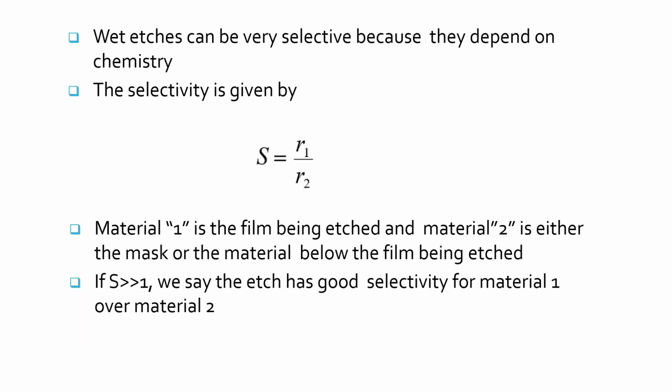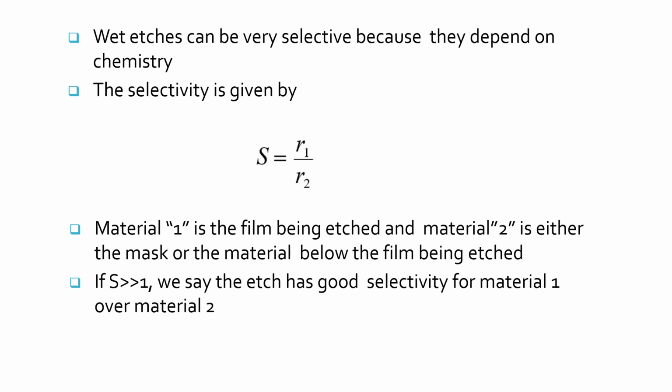Wet etchers can be very selective because it depends on the chemistry between the resist and the chemical. The selectivity is given by S equals R1 over R2, where material 1 is the film being etched, and 2 is either the mask or the material below the film being etched.